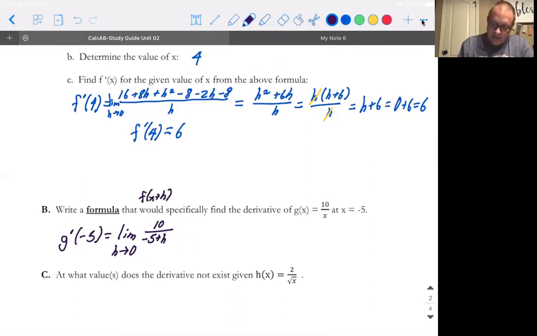So that means I'm going to put -5 plus h every time I see an x. And then from there, I need f of x. And so I'm going to put -5 into the function g, and that will give me -2. And that is all over h.